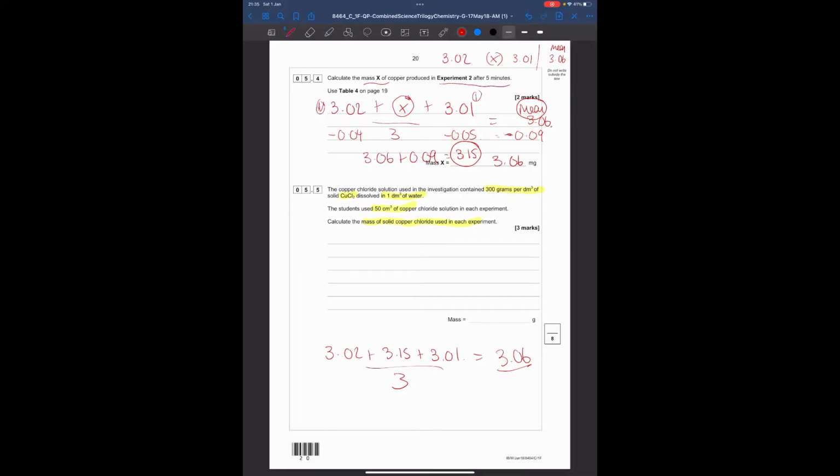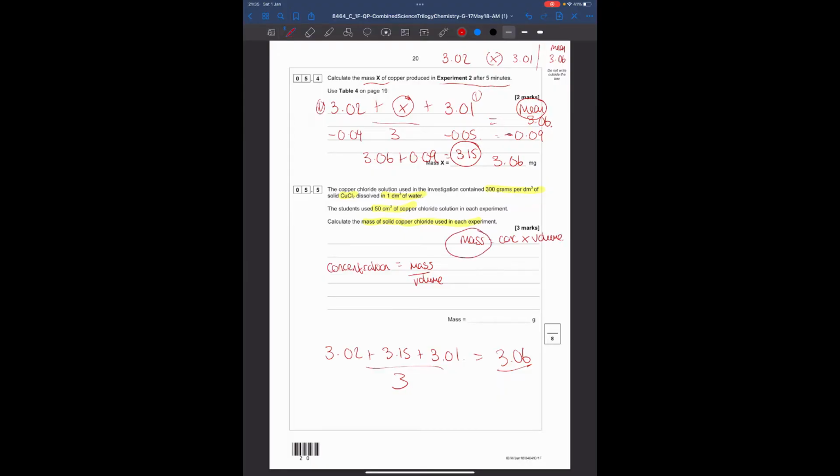So the equation that you would need is what is linking together concentration, mass and volume. So hopefully you know concentration equals mass over volume. You can rearrange it, so mass is equal to concentration times by volume.